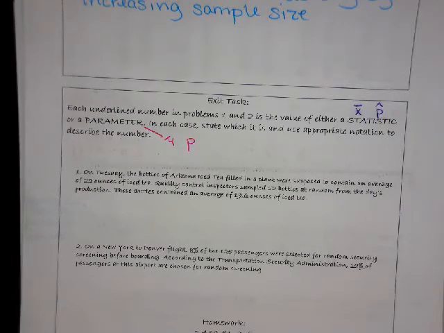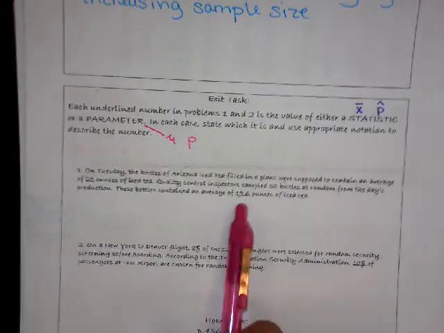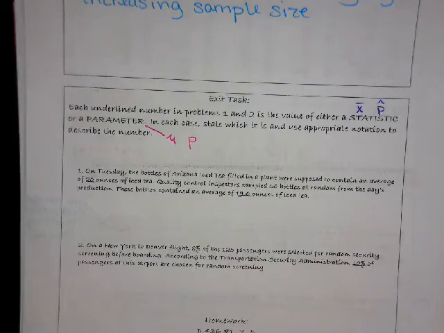So we have 2 underlined numbers, 20 and 19.6. I personally find it easiest to identify the statistic, the one from the sample, first, but that's just me. So 20 ounces or 19.6 ounces would be our x bar, our sample mean.